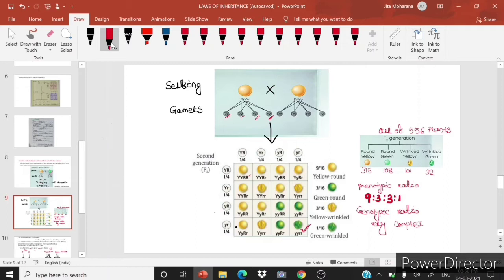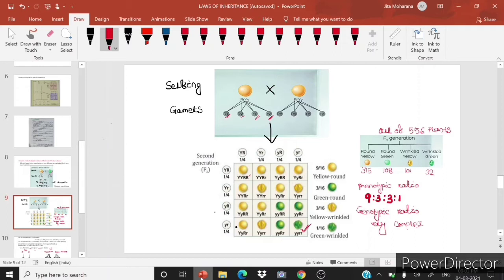The plants have two different traits, round yellow and green wrinkled. In the F1 generation he found that all plants were round yellow. And in the F2 generation, out of 16 progenies, 9 were with yellow round seed, 3 were with green round seed, 3 were with yellow wrinkled seed, and only 1 was with green wrinkled seed.